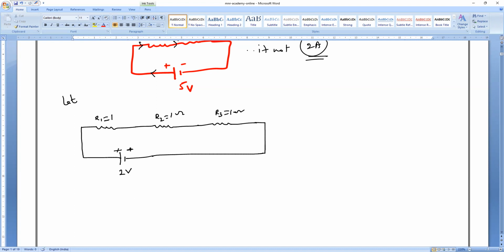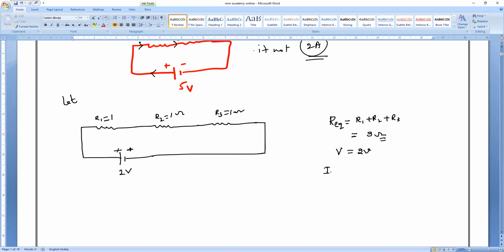Now how many bulbs are connected? They may be same or different, doesn't matter for us. Now what is the equivalent resistance, everyone? R1 plus R2 plus R3, which equals 3 ohms. And the supplied voltage is 2 volts.